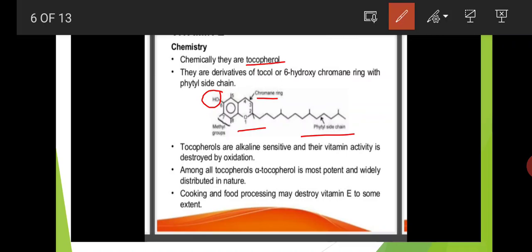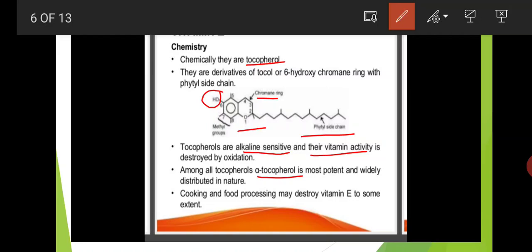Tocopherols are alkaline sensitive and their vitamin activity is destroyed by oxidation.